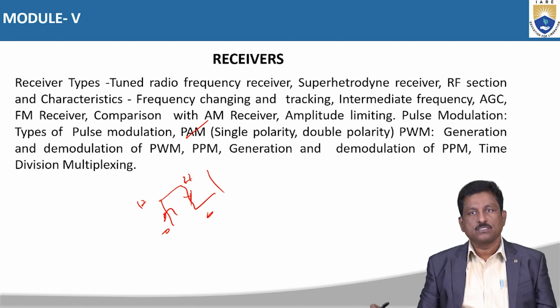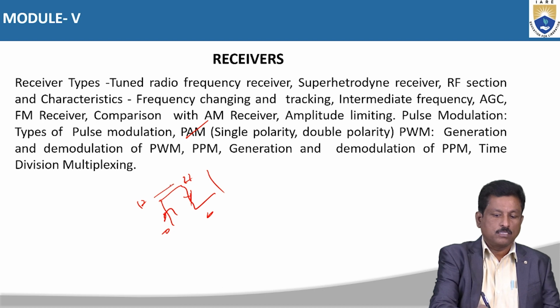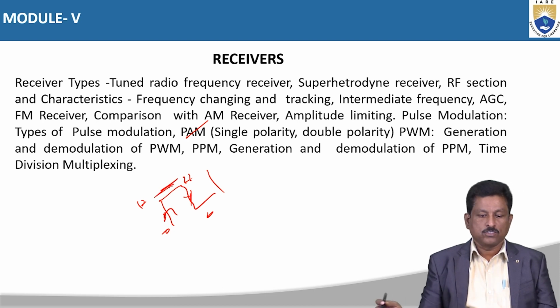Similarly, coming to the pulse modulation techniques, here we are going to consider three characteristics of the carrier signal. One is the pulse amplitude. Another one is the pulse width, or duration, or on time. This is the on time, also known as the width of the pulse.